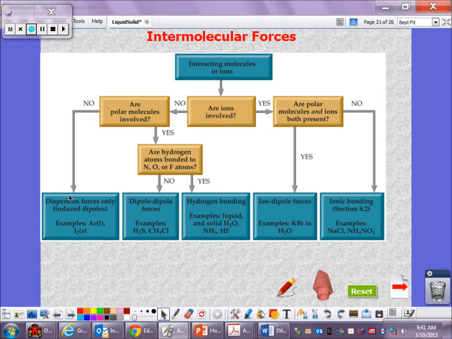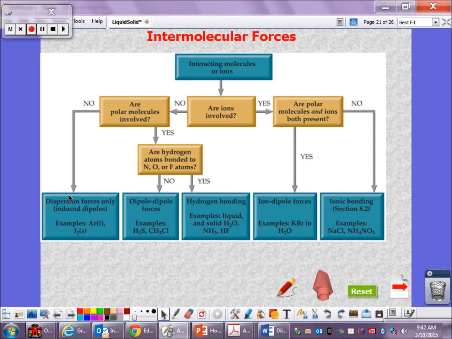Non-polar molecules have only London dispersion. But all the other molecules have London dispersion also, besides the other forces they have. If the molecule is polar, it has London dispersion and dipole. Polar molecules have dipole and London dispersion.